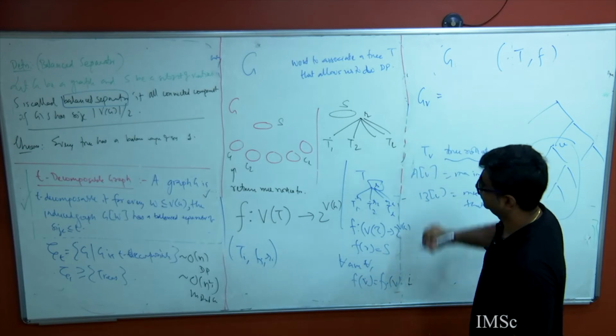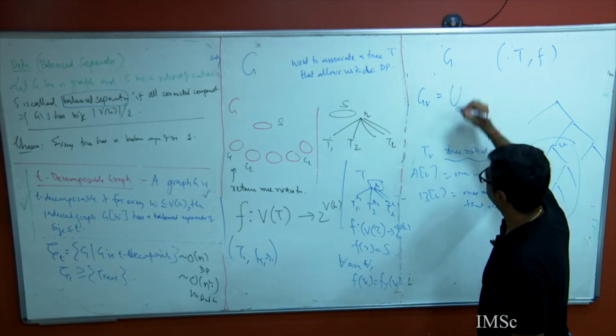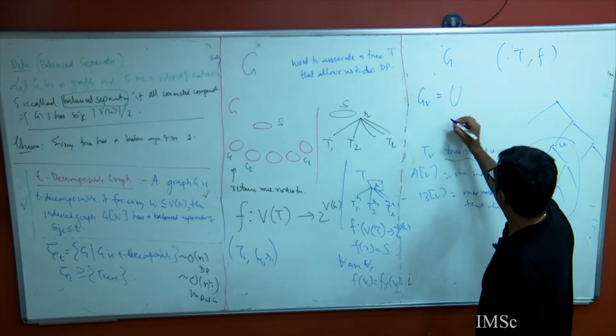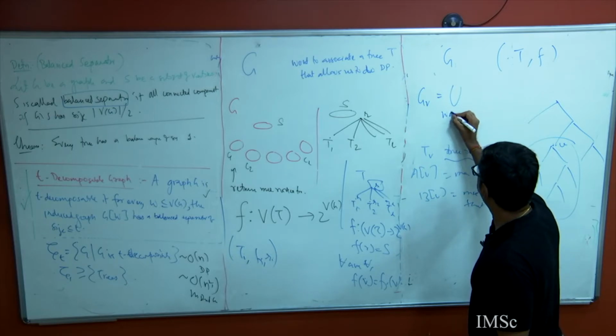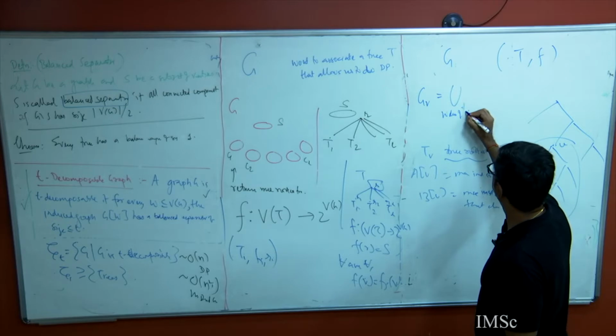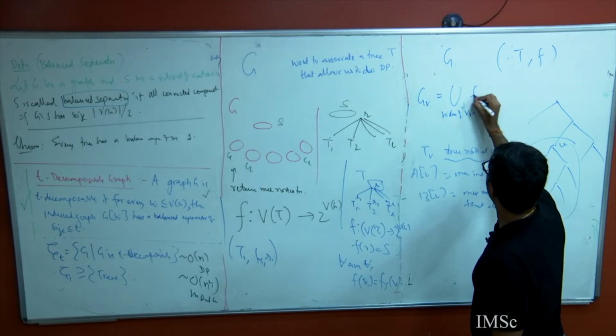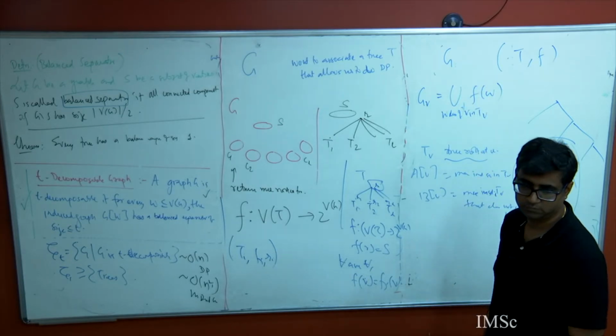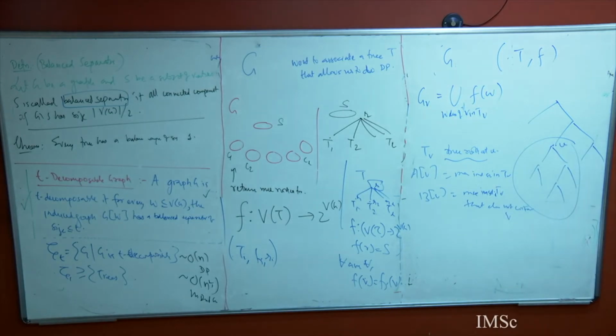It is the union over W a descendant of V in TV of f of W. That's it. These are vertex sets, and I look at the graph induced on them. That's my association.